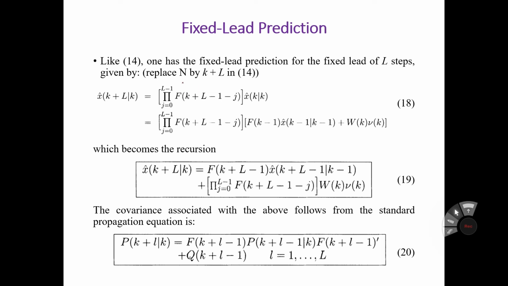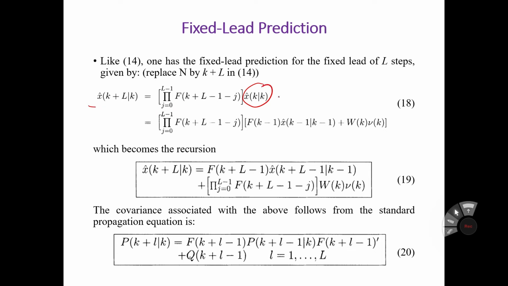You have to replace n by k plus l. Okay, so in the F matrix you have to replace by k plus l minus 1, and j you have to replace by n by k plus l. Okay, and this equation is the prediction equation.